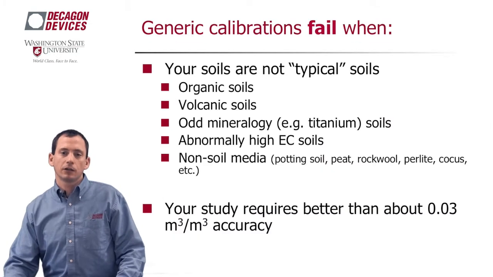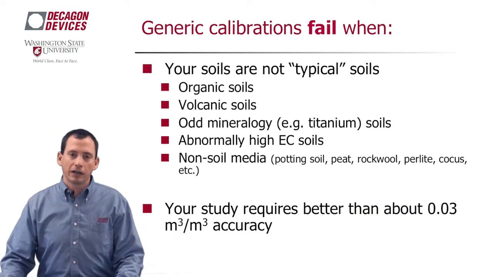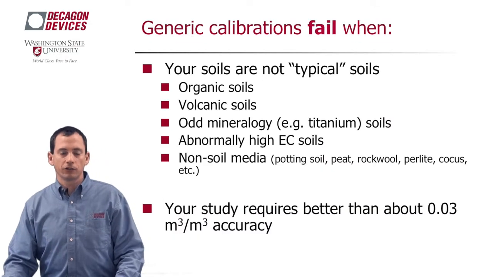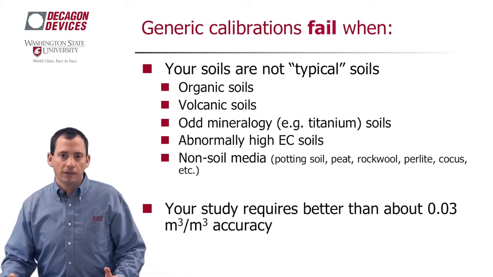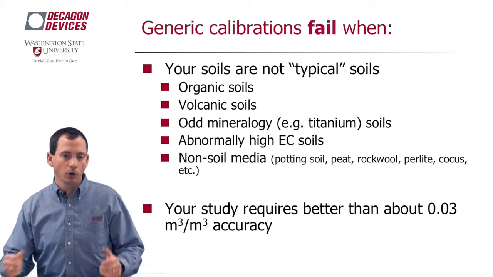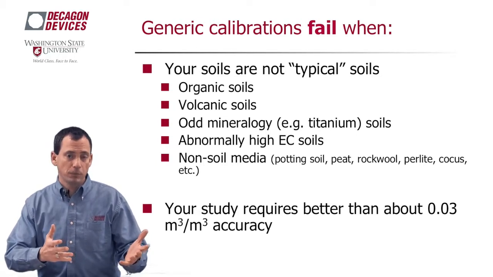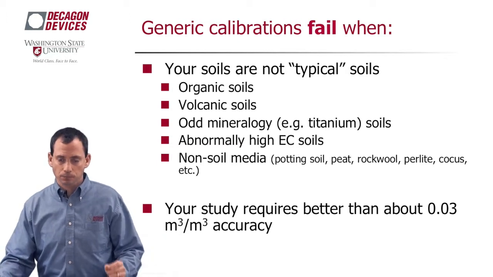So let's talk about when a generic calibration like the one I just presented fails, when you might not want to use the generic relationship given to you by your sensor manufacturer, or that generic Topp equation that's so commonly used.